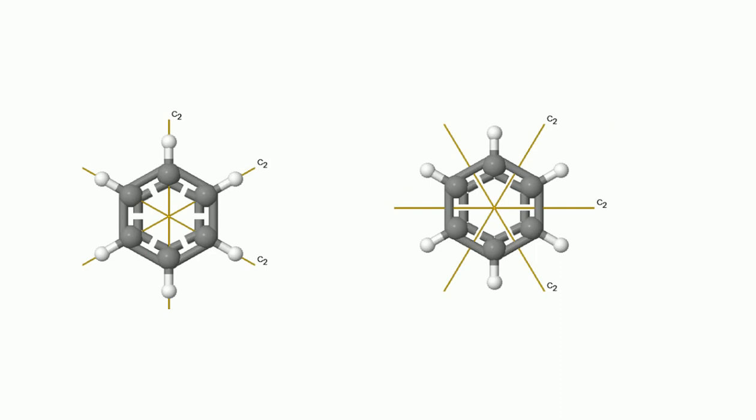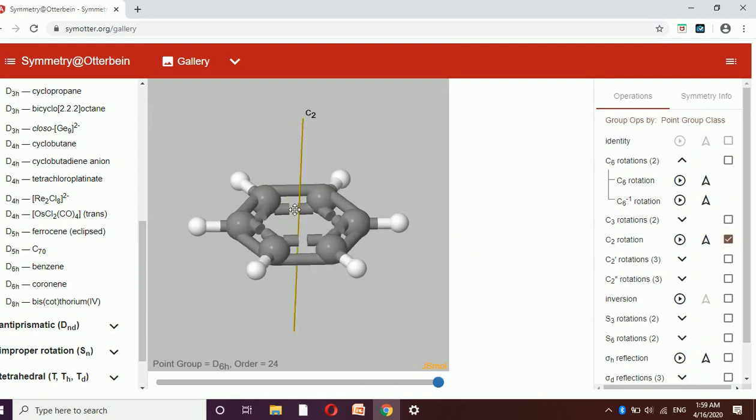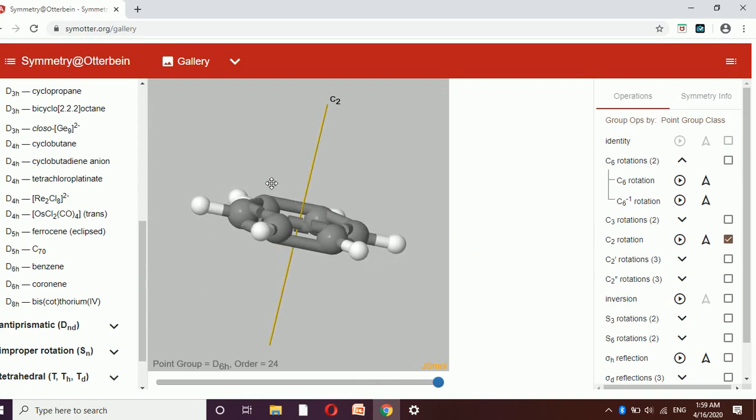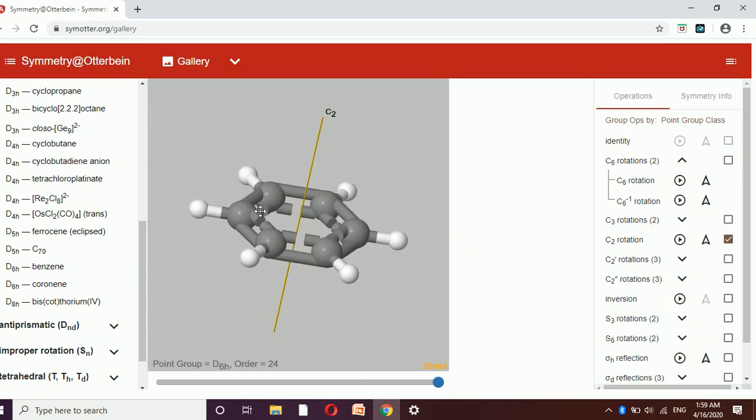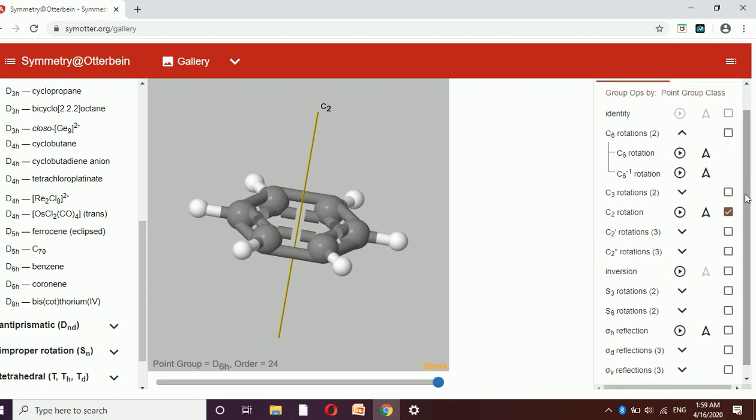Again, we come to the benzene molecule. Let me take you back to the website. Let me mark another C2 axis, which is perpendicular to the plane of the molecule, which we have already discussed.